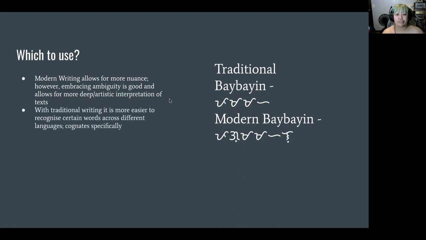With the traditional writing system, it's easier to recognize certain words across different languages, specifically the cognates. So iro and ido, written as the I and a ro. So iro is in Cebuano and ido is in Iligaynon. These both mean dog, but you can see how in the Latin alphabet, we can't see how related they are.